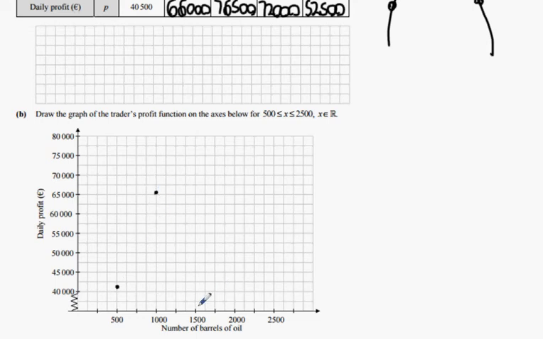And then 1,500 is going to be worth 76,500. That's around 77,000, so around here. And then 2,000 is going to be worth, how much is 2,000 worth again? 72,000. 72,000 is just about there. And then finally 2,500 is 52,500, which is dead center there.